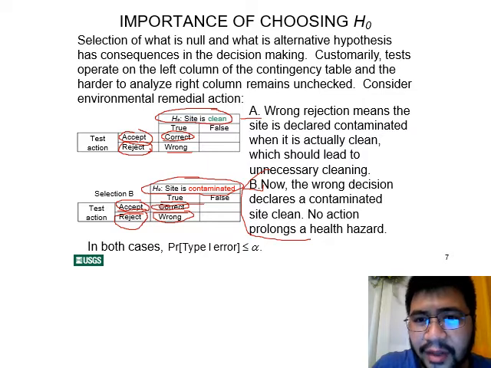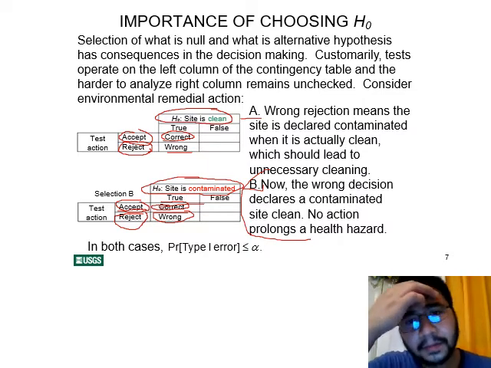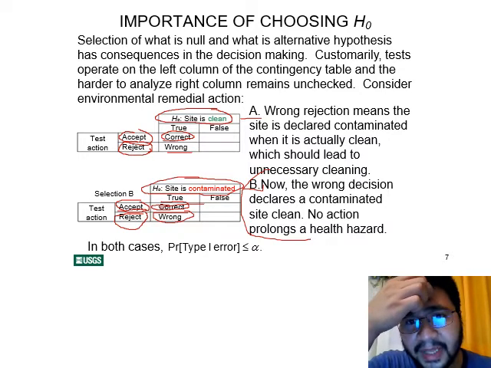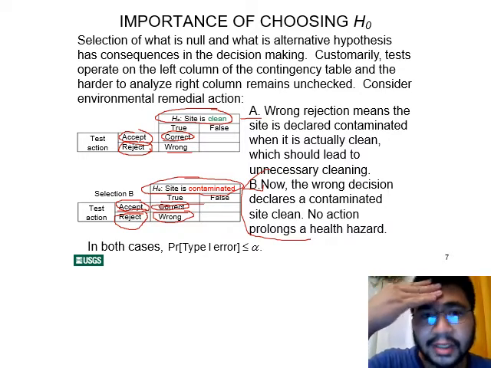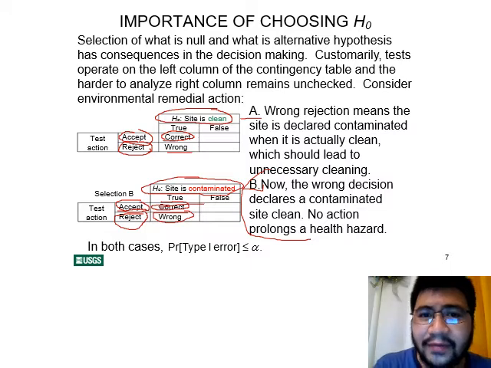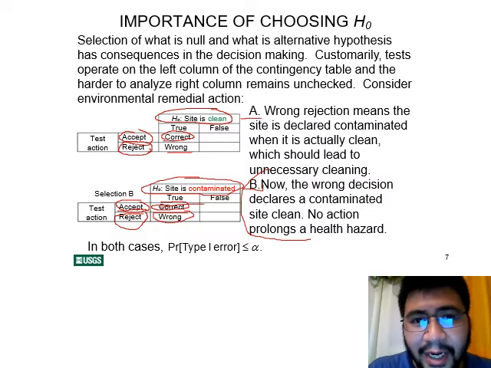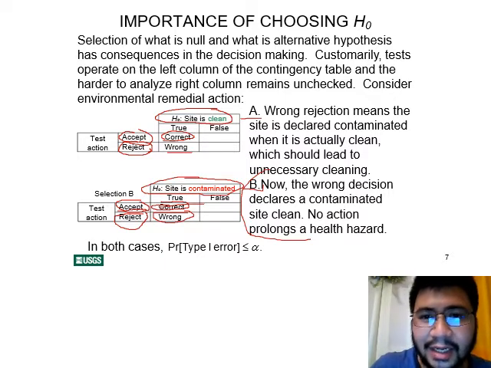Now, let's talk about the consequences of our actions here. If you accept the null hypothesis that your crush likes you back, you have a 95% chance of being correct. So it's good. You pursue the person you like, and he or she likes you back, and basically you're successful with your romantic life.